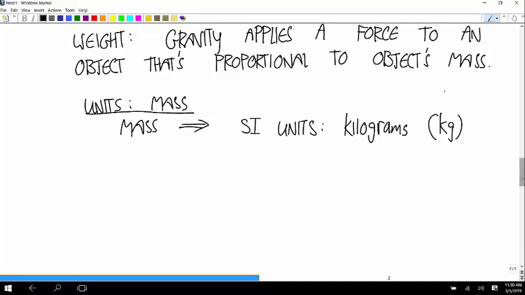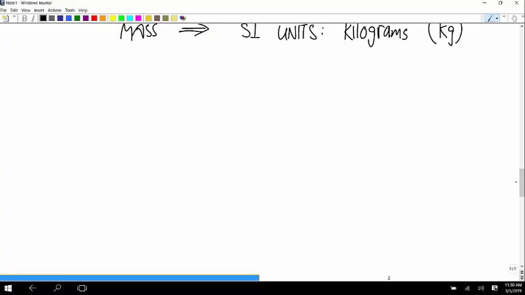Okay, next thing we have to talk about is force. And this is a bigger topic. This is going to take more time. Mass was a scalar. It's just a positive number.